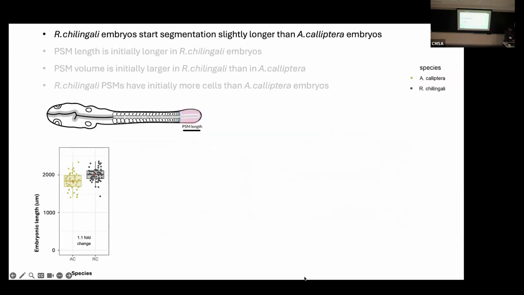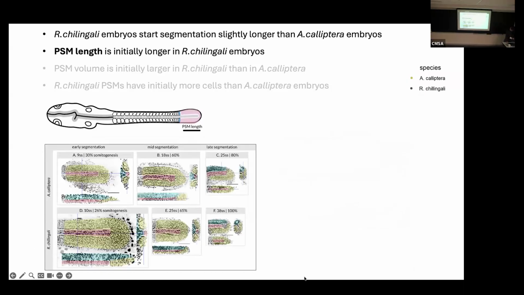My student Shannon started to quantify this, and she saw that the embryo proper is a bit longer in chilingali than in Calyptera, and the PSM is a little bit larger, but the biggest difference is that the PSM is initially disproportionately much larger in Rhamphochromis than in Calyptera.